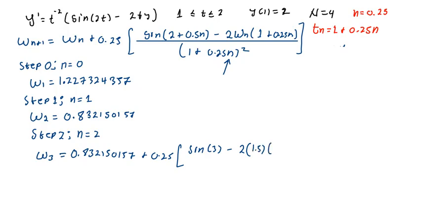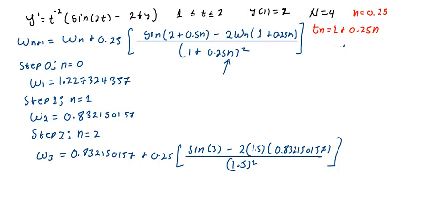Then here in the brackets you just place in wn, which is w2, and we have calculated that to be equal to 0.8321505157, divided by. So plug in a 2 here. You end up with everything together being 1.5. So it's 1.5 squared.